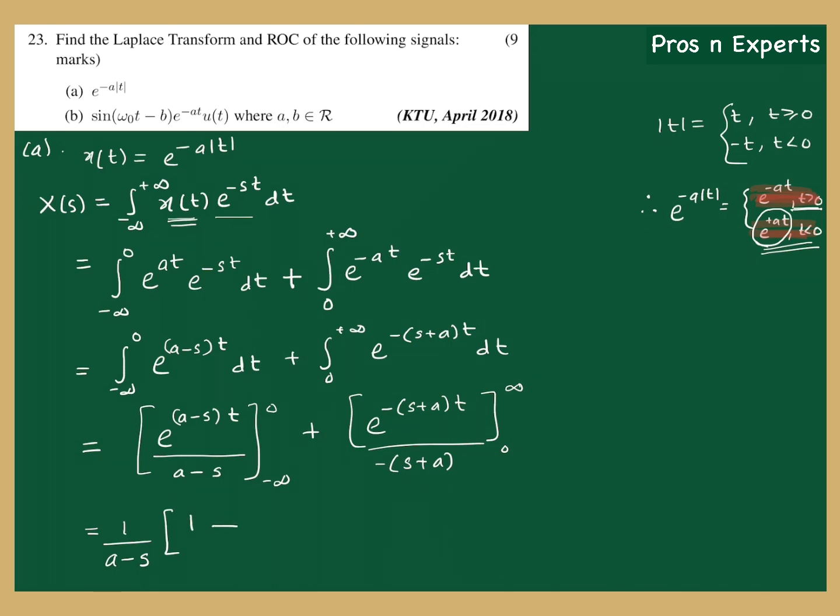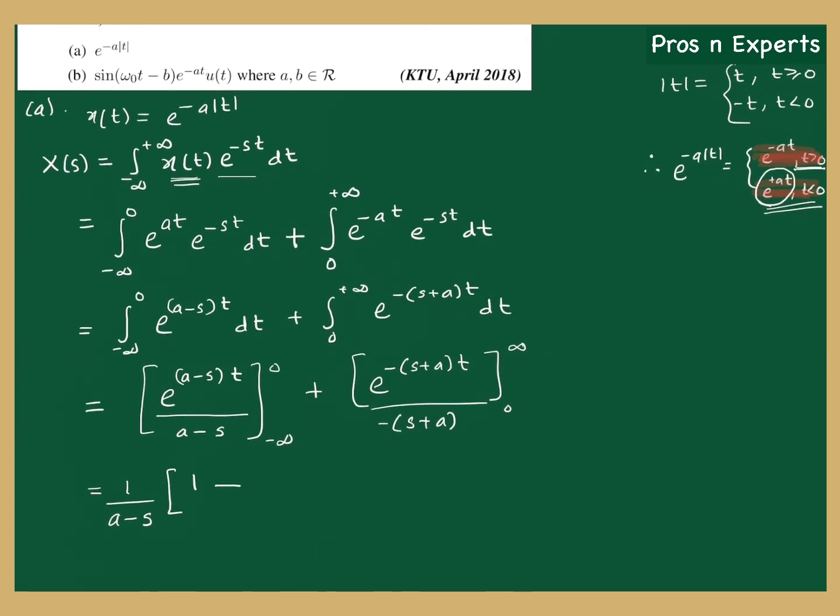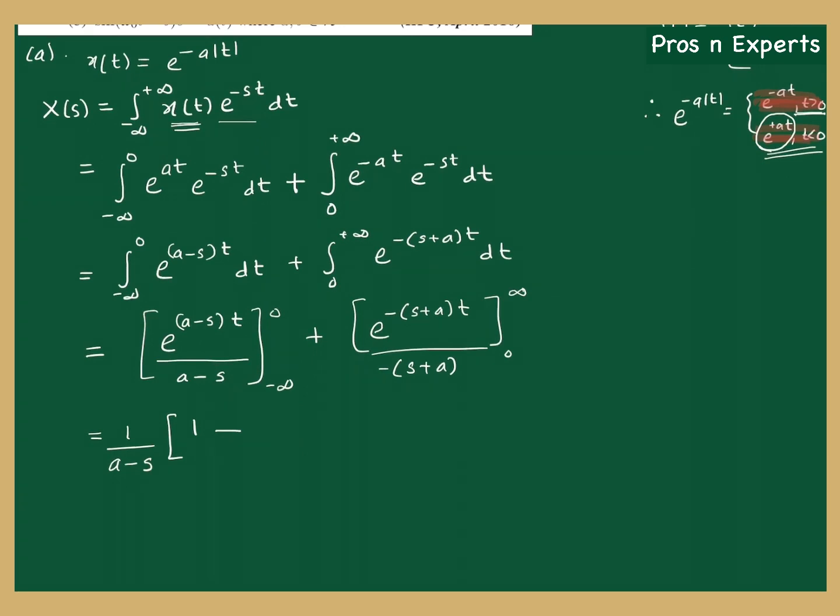Minus, now what happens when you apply the lower limit? The lower limit is minus infinity, so it becomes e raised to a minus s into minus infinity, instead of t. So it is like e raised to something into minus infinity. That is e raised to minus infinity, which is 0, right? So we can write 0 here. Is that clear?